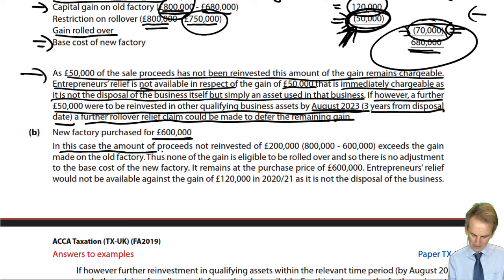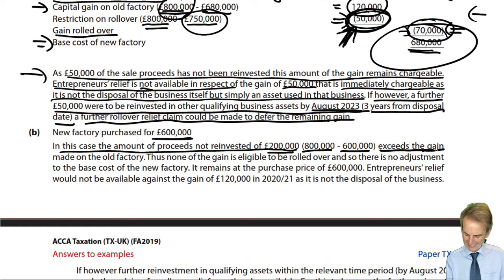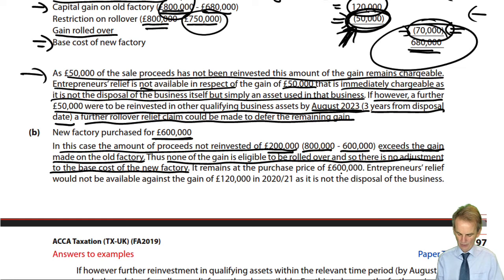In this case, the amount of proceeds not reinvested is 200,000. Sold for 800, bought for 600: £200,000. That exceeds the gain made on the old factory. Thus, none of the gain is eligible to be rolled over, and so there is no adjustment to the base cost of the new factory. It remains at its actual purchase price of £600,000.